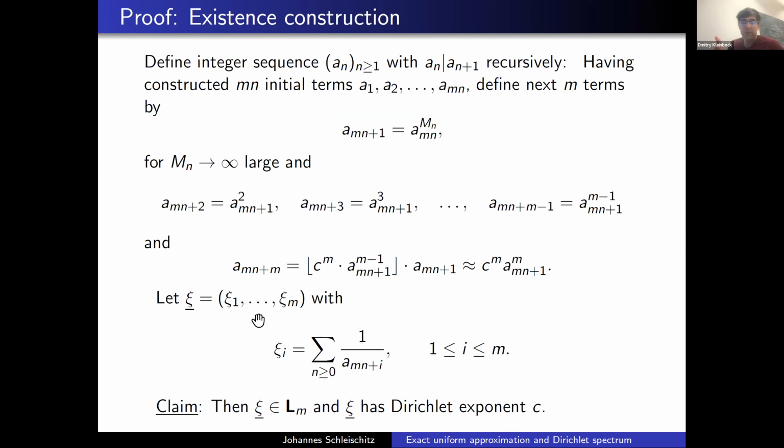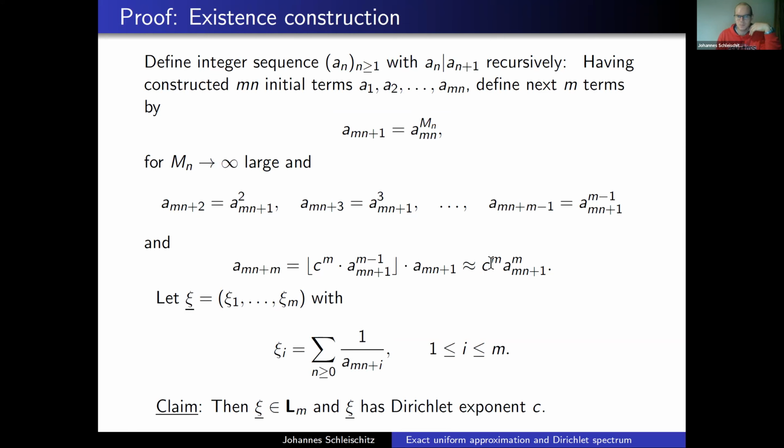I see, but basically here you have the proof that the Dirichlet spectrum is the whole interval from 0 to 1. Yes, because you are only interested in this statement, and the c to the m here looks a bit different because I do it for general functions phi in my paper. But if you would break it down to just wanting Dirichlet exponent c, you got the c because of this last step, basically.